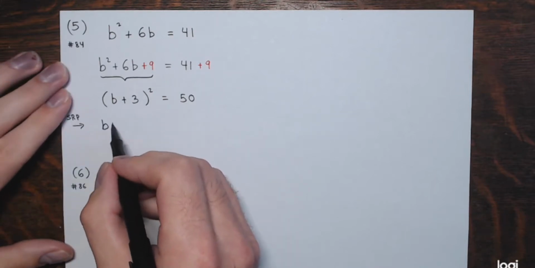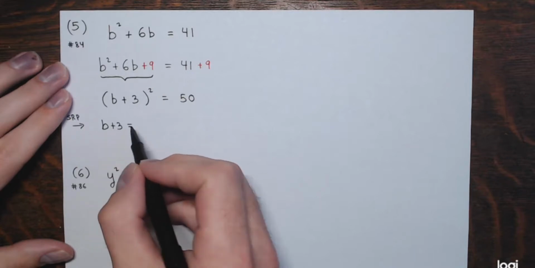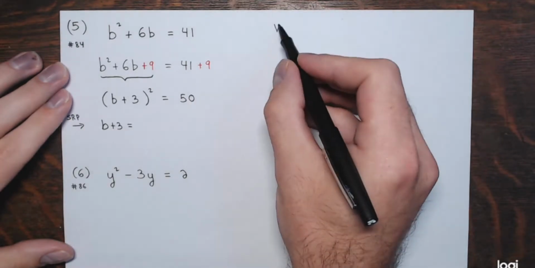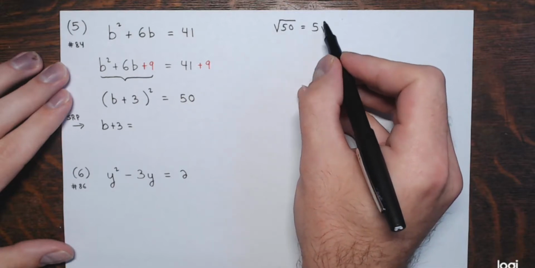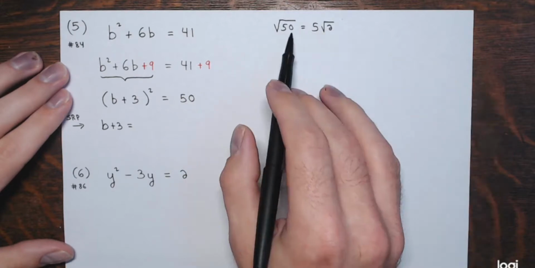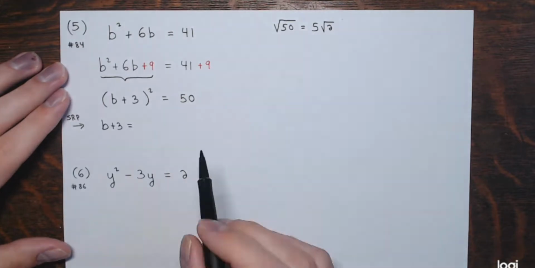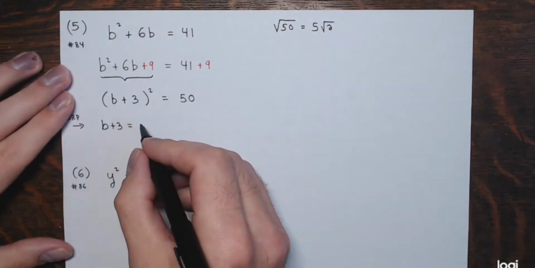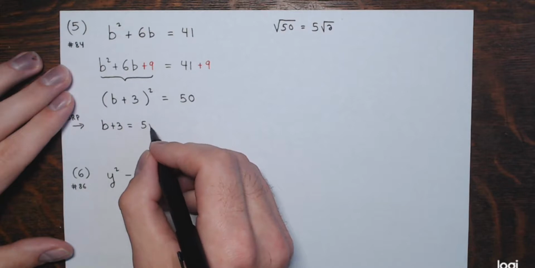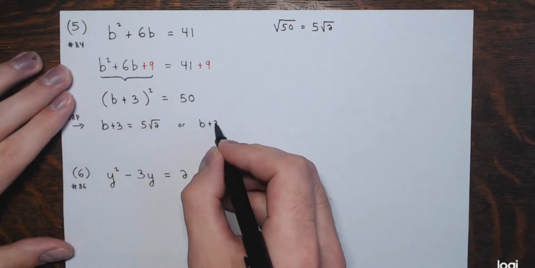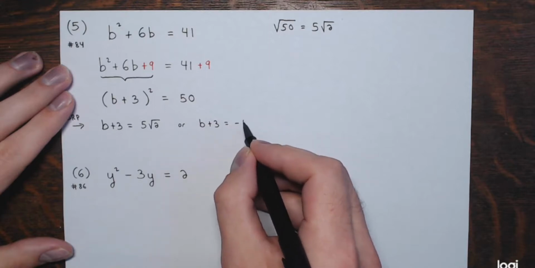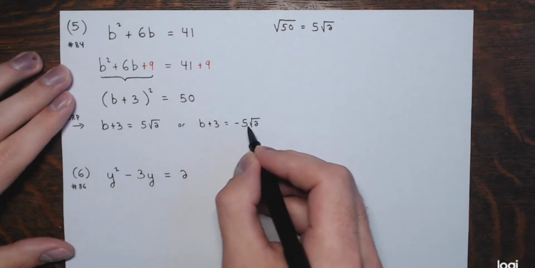So b plus 3 is equal to either positive square root of 50. And remember, the square root of 50 I can simplify to 5 times the square root of 2. It's the square root of 25 times the square root of 2. So we have b plus 3 is positive 5 square root of 2, or b plus 3 is negative 5 times the square root of 2.